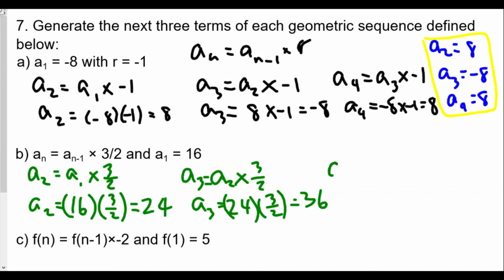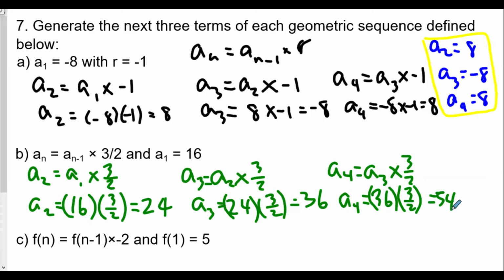And finally, a4 equals a3 times 3/2, which means a4 is equal to 36 times 3/2. And 36 divided by 2 is 18. 18 times 3 is equal to, I believe, 54.